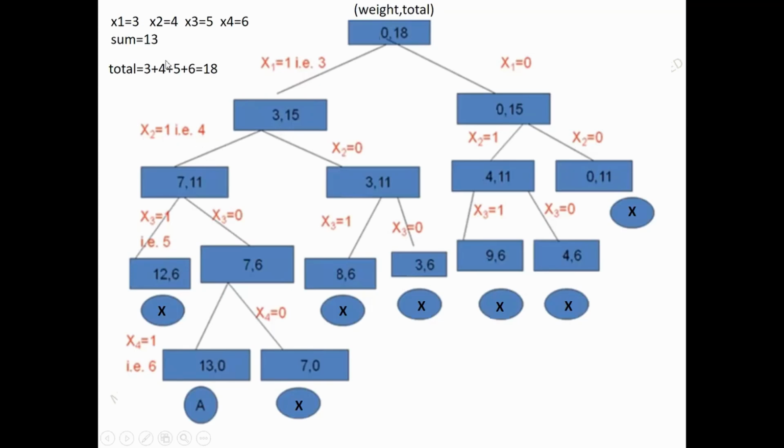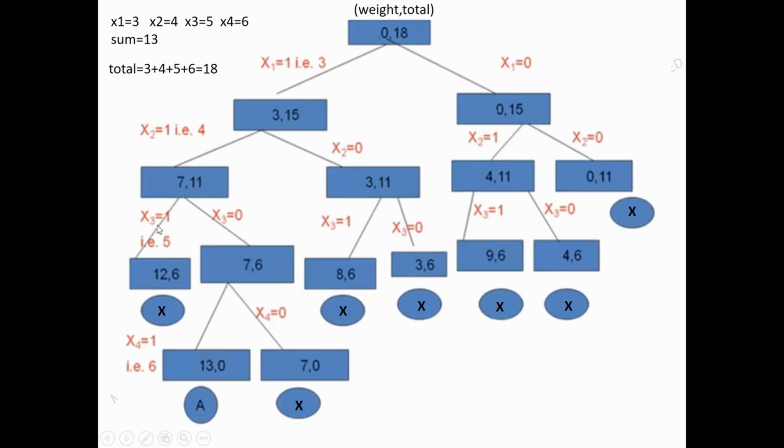x2 is 1 means we are choosing the second element whose value is 4. When you choose this value, the weight will be increased by 4, that means the sum of the weight has been increased by 4, but simultaneously the total value is decreased by 4.